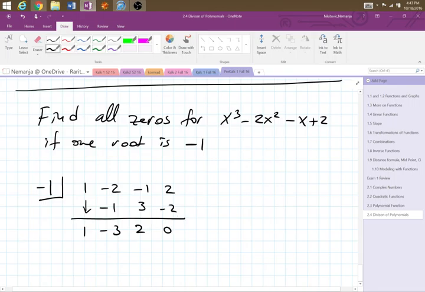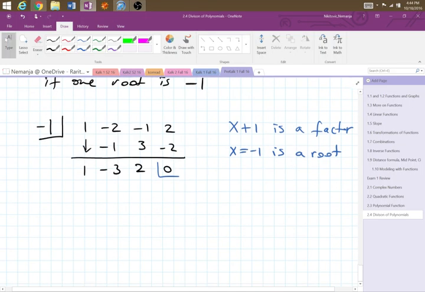And as you can see, synthetic division confirms that it is a 0 there for the remainder, which means that x plus 1 is a factor and x equals -1 is a root. So both of these are confirmed just because of that 0 in the lower right corner. Okay, so that's one part.